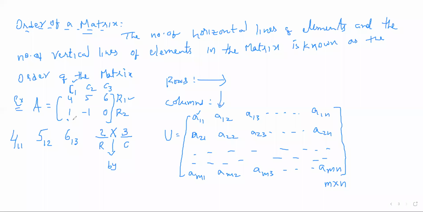Next, the place of 1: it is in second row, not in first row, so second row, first column. Next, -1, second row, second column. Finally 0: second row, third column. This is the representation of the place of the elements in a matrix.